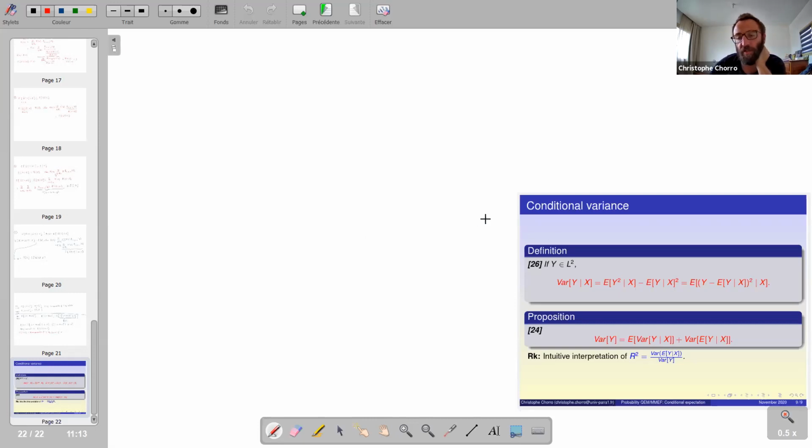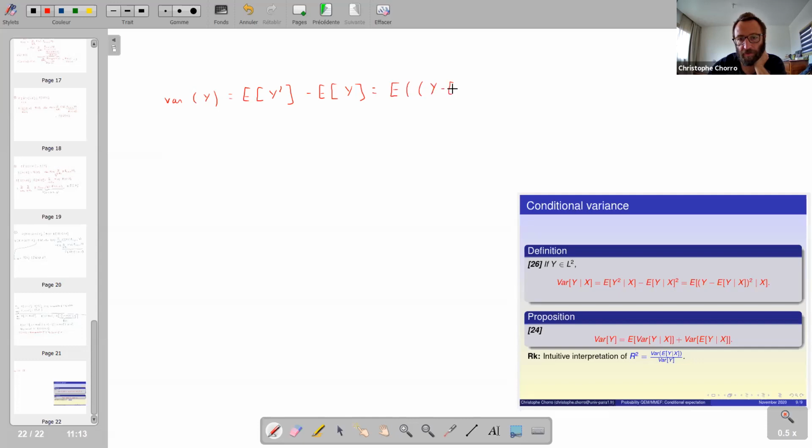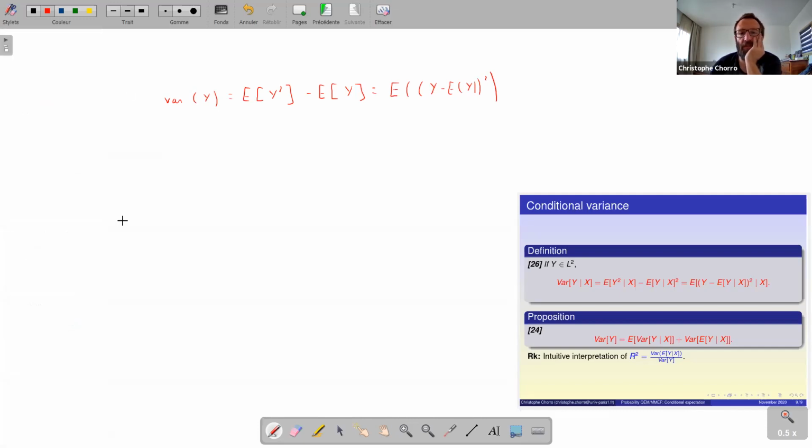Once again, you know that if I want to define the variance, I need to be in L2, because the variance of Y is equal, so I have 2 equivalent definitions, to this one, that is equal to the expectation of Y minus the expectation of Y, squared. So the variance is this one.